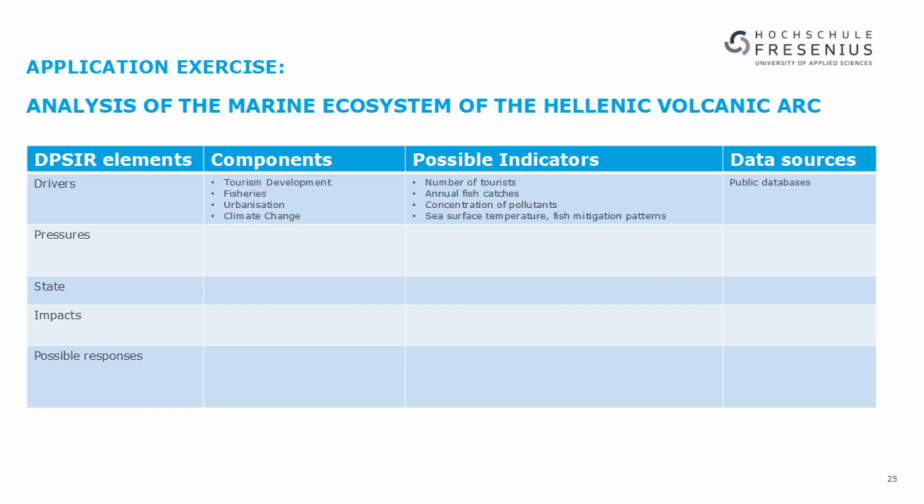Drivers: tourism development, fisheries, urbanization, and climate change. The Hellenic volcanic arc is a popular tourist destination, but increased tourism leads to habitat alteration and pollution. Overfishing and unsustainable fishing practices impact the marine biodiversity and fish populations.